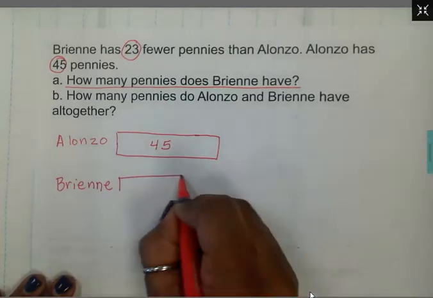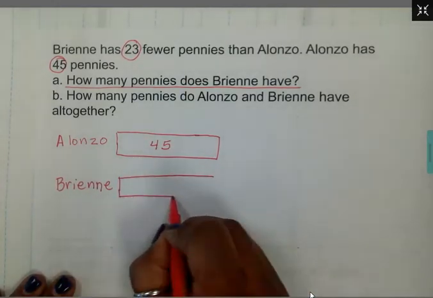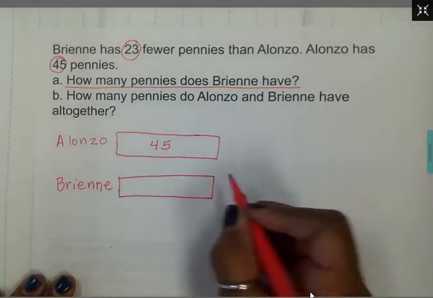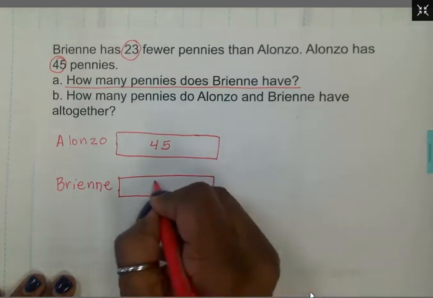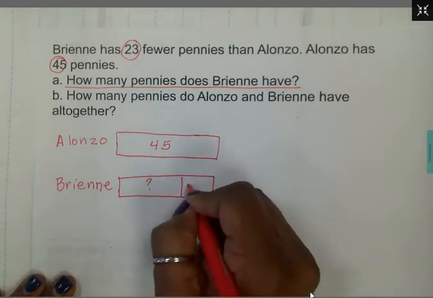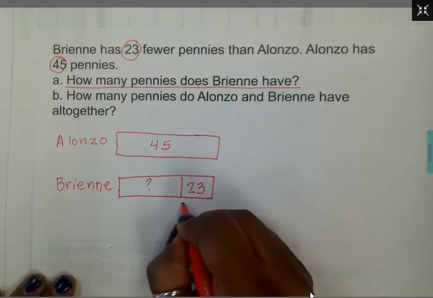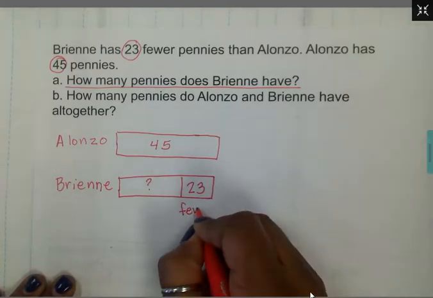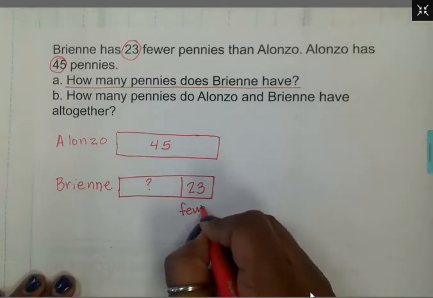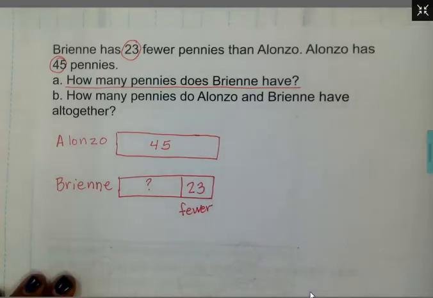So I'll take a tape diagram to represent Brienne. So we have 23 fewer. All right, so we have our tape diagram set up.